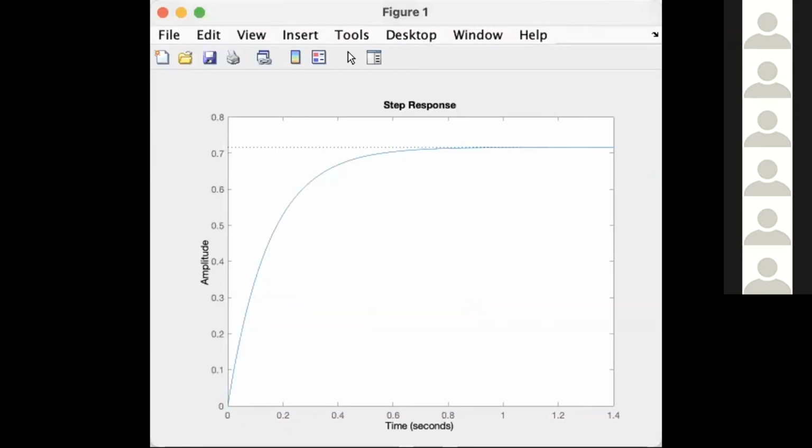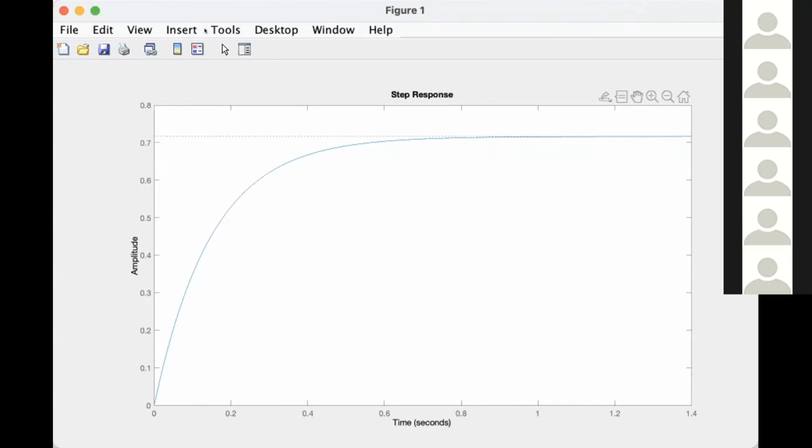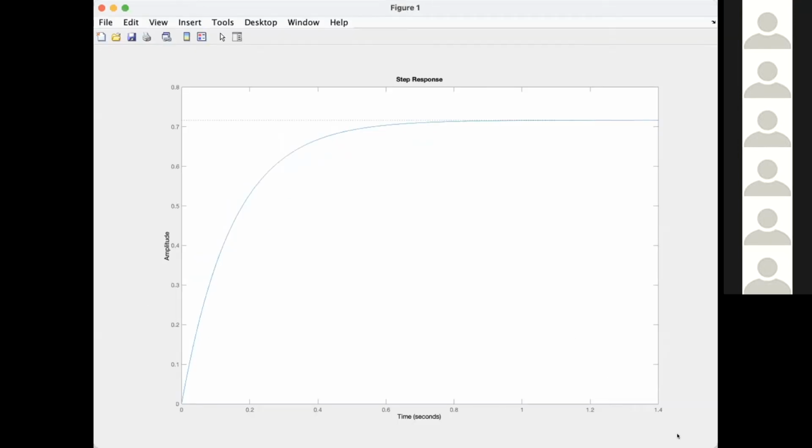Can you see the graph? Yes. Prof, can we use fplot? Yes, but we use step because it is a transfer function. If you use time domain, you generate the time range, then you plot. But for a transfer function, you have to inject the signals. Step.